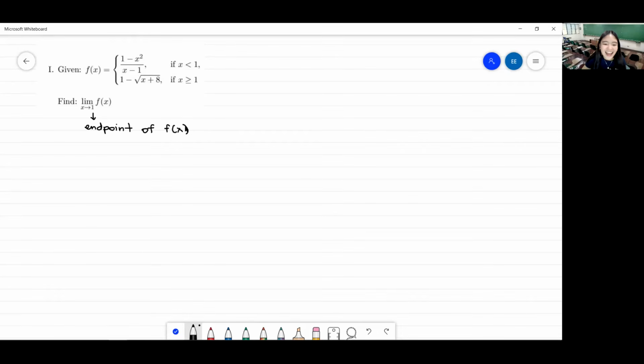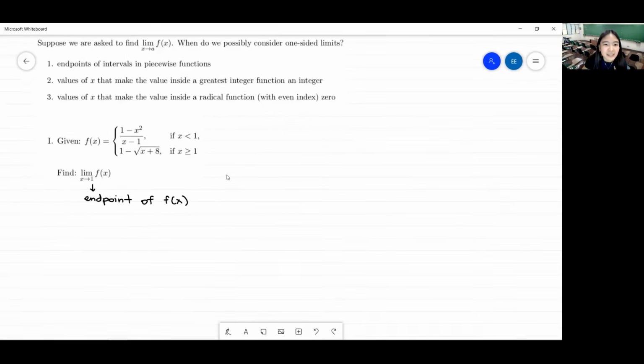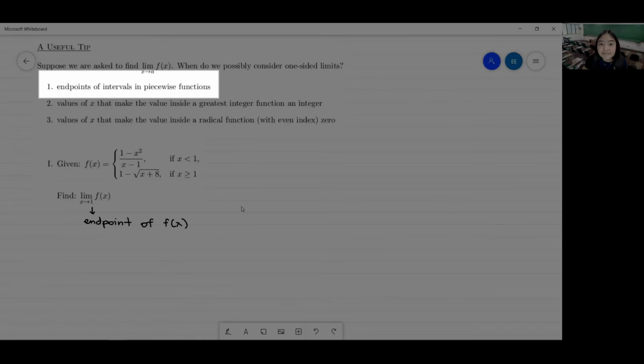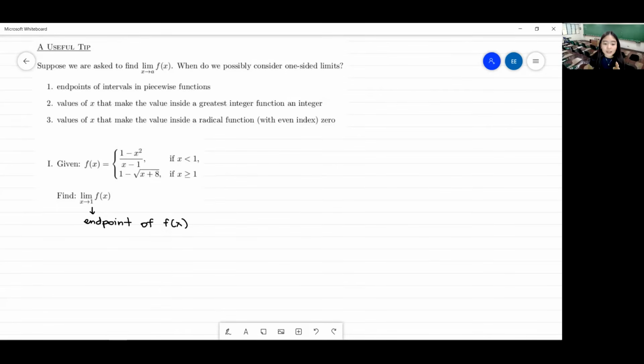If we go back to my useful tip earlier, possibly this is where you take one-sided limits, at endpoints. So we have to consider that. It is essential to think that we are making x approach 1.